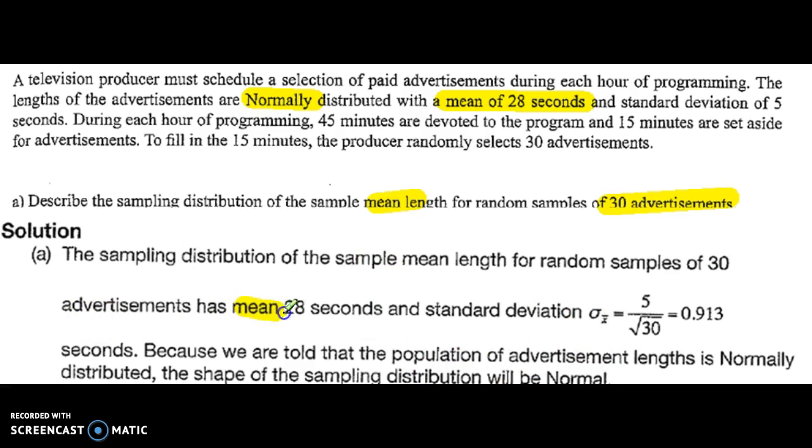So it has the mean of 28 seconds. Here's my standard deviation: I'm going to take my standard deviation of 5 seconds, divide by the square root of 30 because that was my sample size. And this is normal because my population is normal.